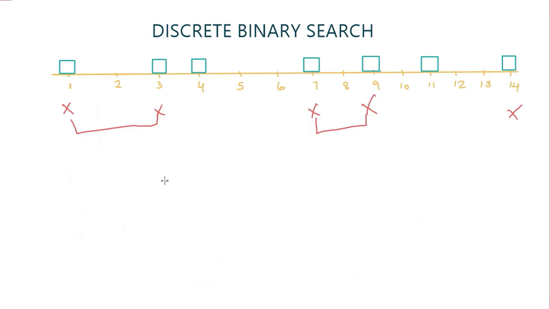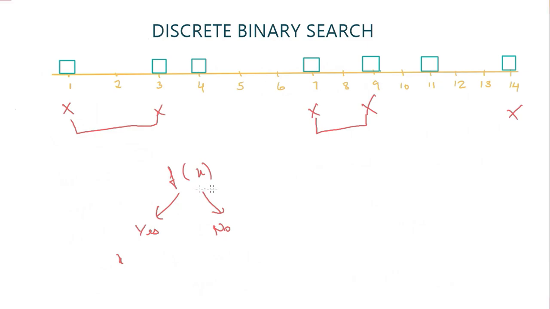To do so, we need to first define a function f of x which is monotonic. If we can prove that this function is monotonic, then we can definitely apply binary search. So now let us define f of x. Our function will return either true or false, or we can say yes or no. It will return yes if for an x the minimum distance between the cows is at least x.